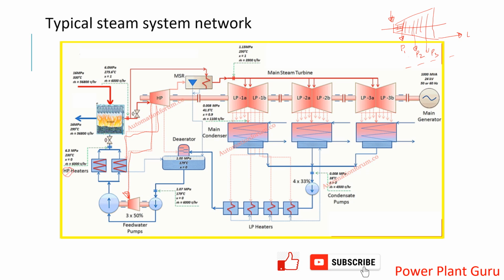So if you see after this boiler feed pump, there are HP heaters which we were talking about in the previous slide. After the BFP, the feed water pressure will be very high, so these are called HP heaters. And before the boiler feed pump, there is also heating being done, although that is from the lower pressure end of the extraction.